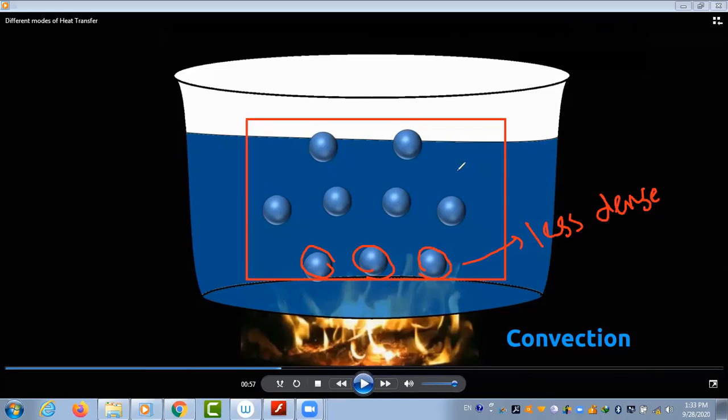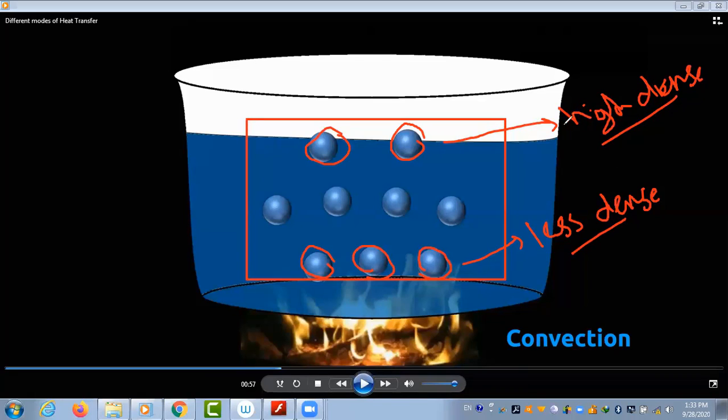At the same time, particles at the top are cold and near to each other, so they have high density.